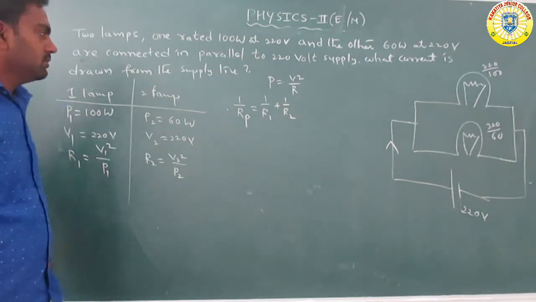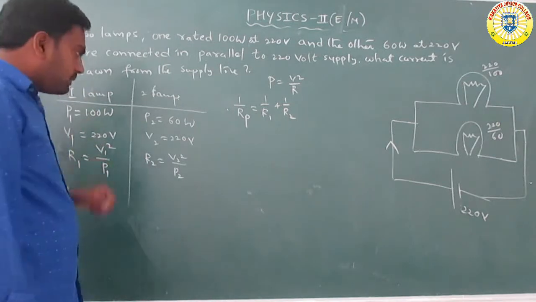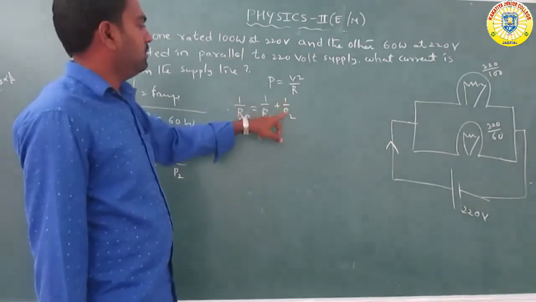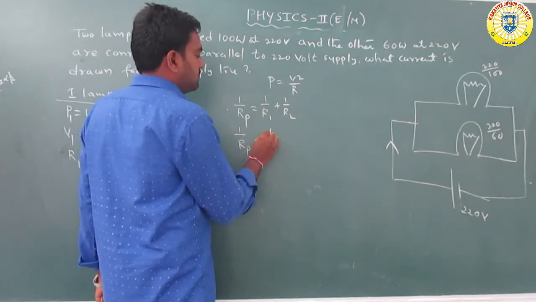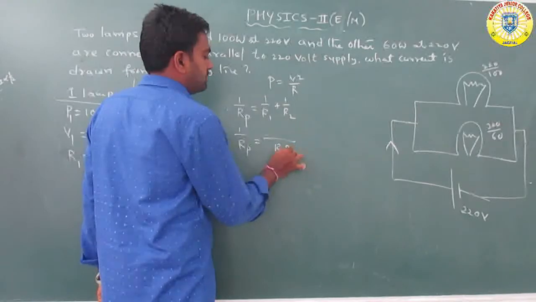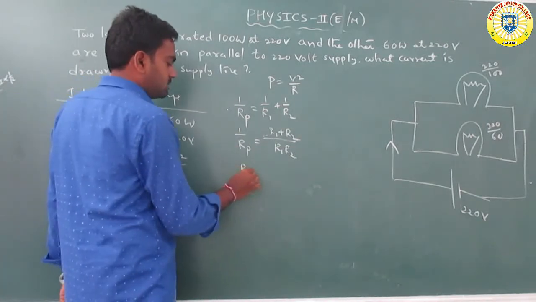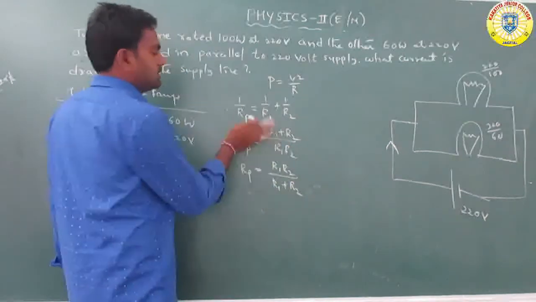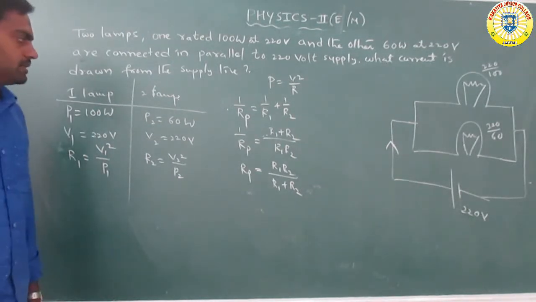Taking the LCM as R1 into R2, we get R1 plus R2 over R1 R2. Reversing, RP is equal to R1 into R2 by R1 plus R2.